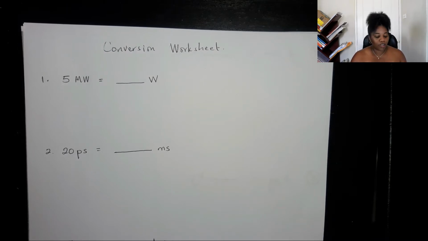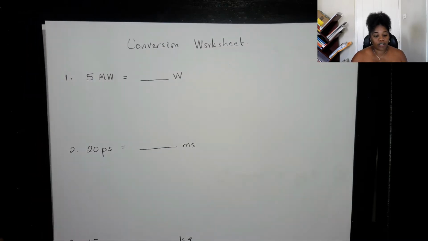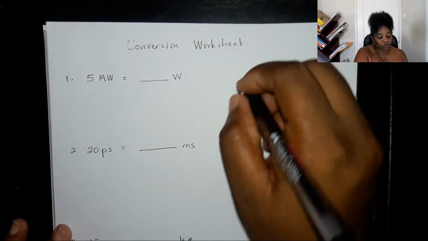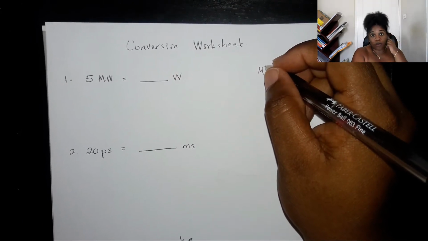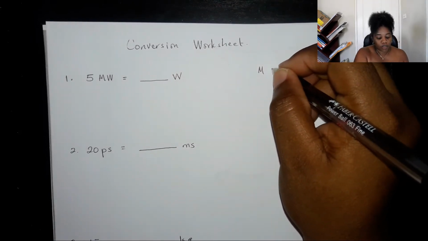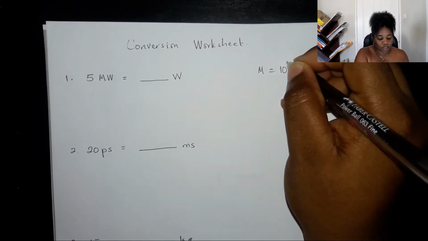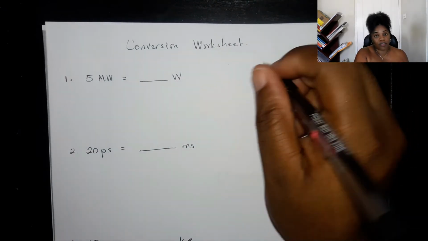Okay, so we're going to start with 5 megawatts to watts, and that's a coined going to an uncoined unit. Again, like I said, all you have to do is just remember what a megawatt is equal to. Mega is equal to 10 to the positive 6.